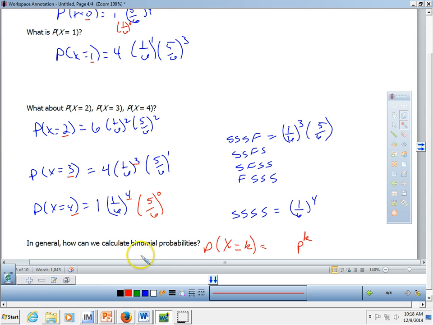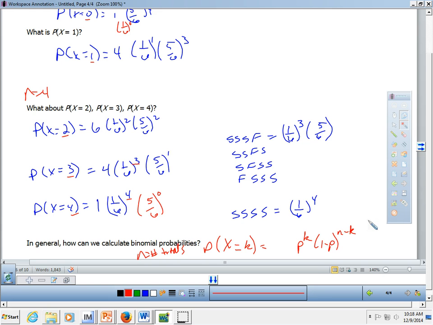I already know I've got N trials, okay? So look at what happened. Every time I got a K, I had to take my N, which up here N was 4, and subtract the K from it to get my failure rate power. So it means I'm going to take my 1 minus success rate and raise it to the N minus K power.